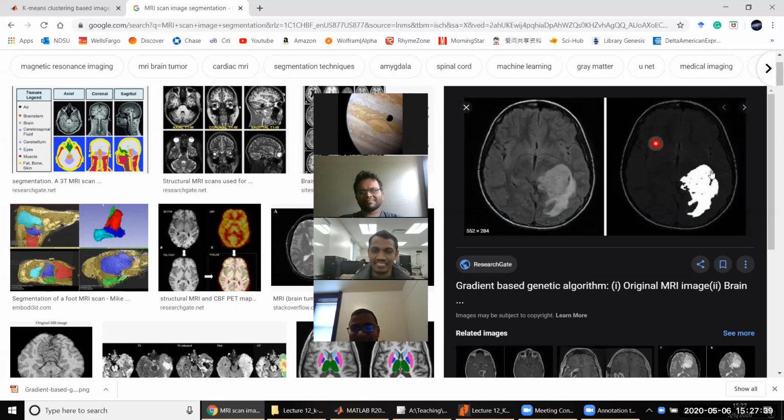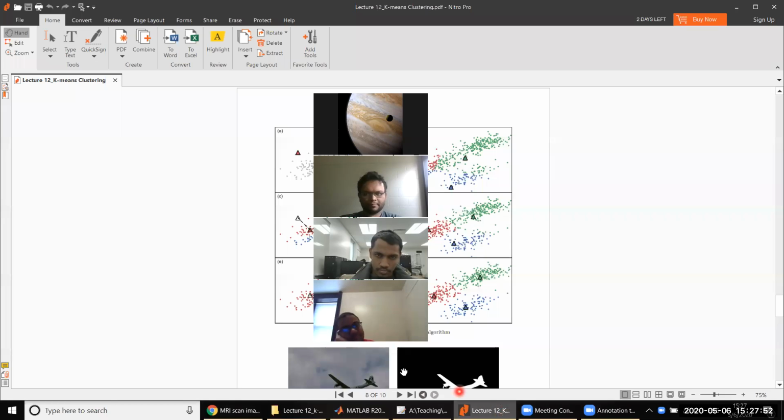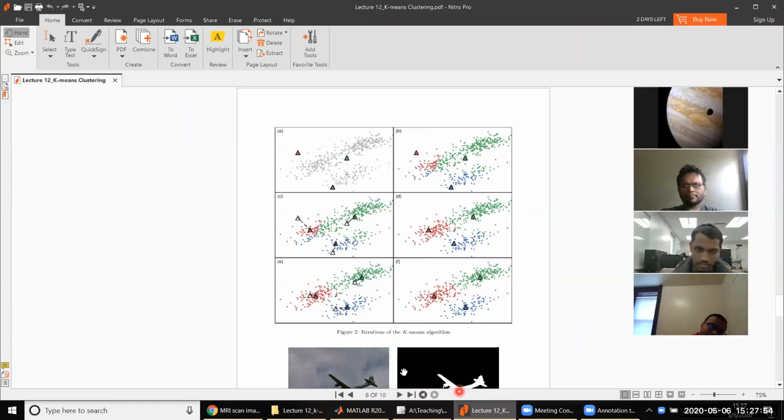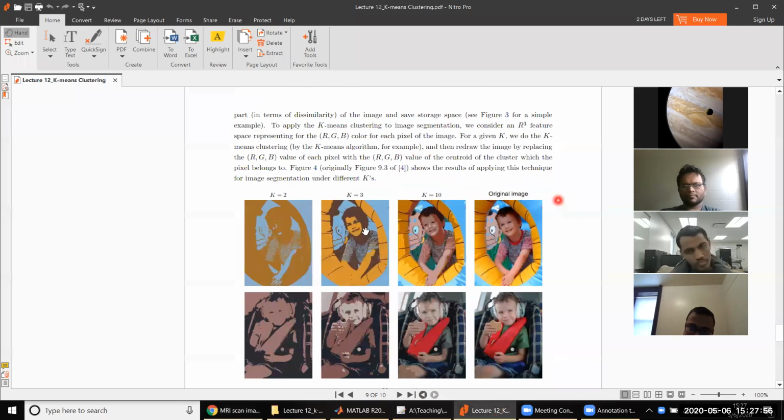I'm making it two main clusters that have only two colors, white and black. Actually maybe three colors, you also have gray: white, black, gray. In general, my k-means clustering in segmentation works this way. Consider this picture, the original picture.